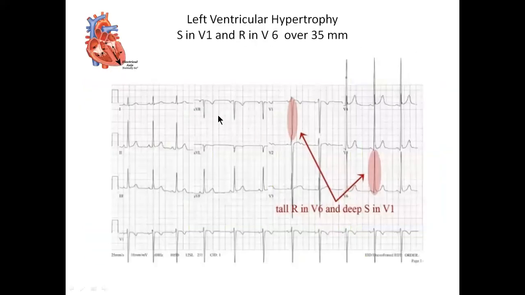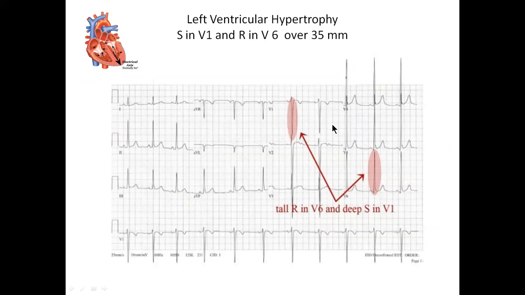Now there is one other thing that can happen to the QRS complex, and that is if the left ventricle becomes huge, or left ventricular hypertrophy, then what you will see is the voltage goes up. So they become huge.